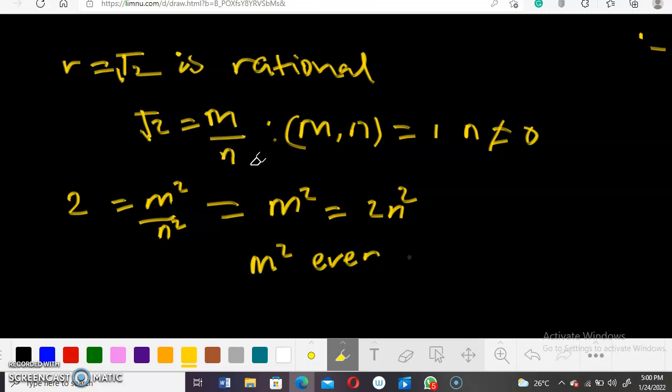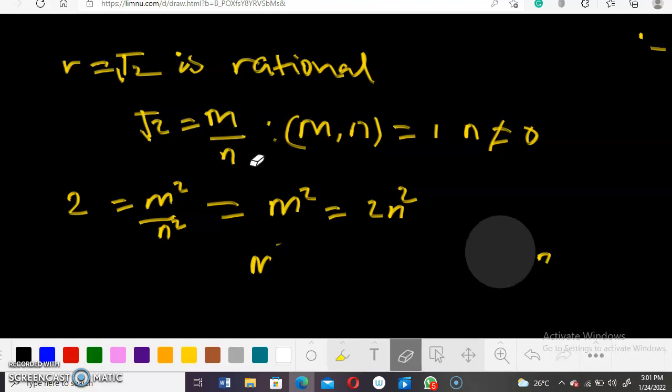If m squared is even, m is also even. That is to say that m is equal to 2k. If m is equal to 2k, from m squared, which is equal to 2n squared, we can represent m squared as 2k squared.